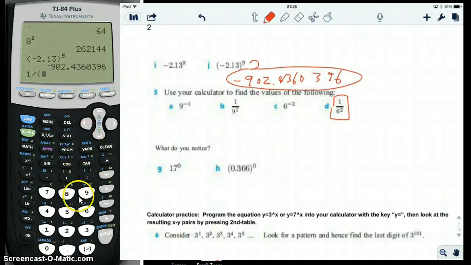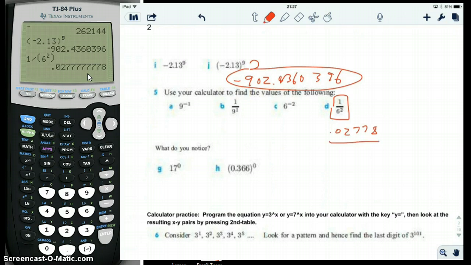Since exponents are done first, we don't really need parentheses here, but if you prefer not to think so much about it, go ahead and put it in. So that would be 0.02778. Yeah, I rounded that up. Normally in IB we give 3 significant figures, so I'm going to put an 8 there.